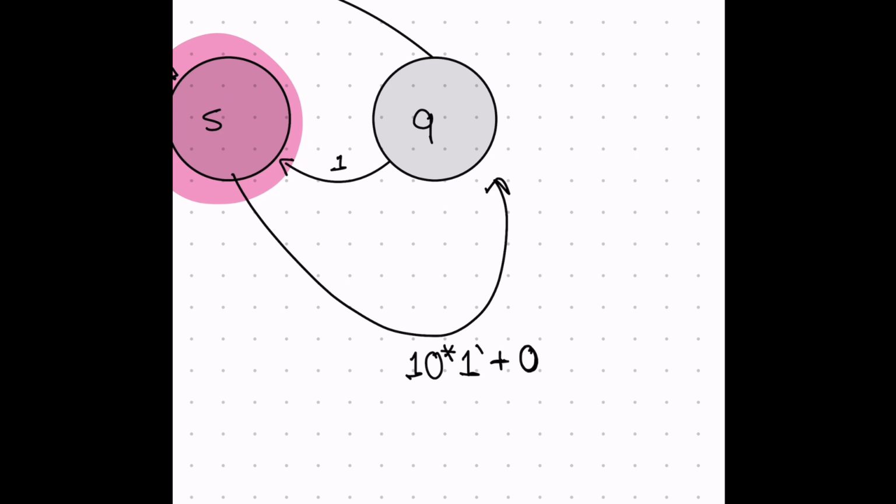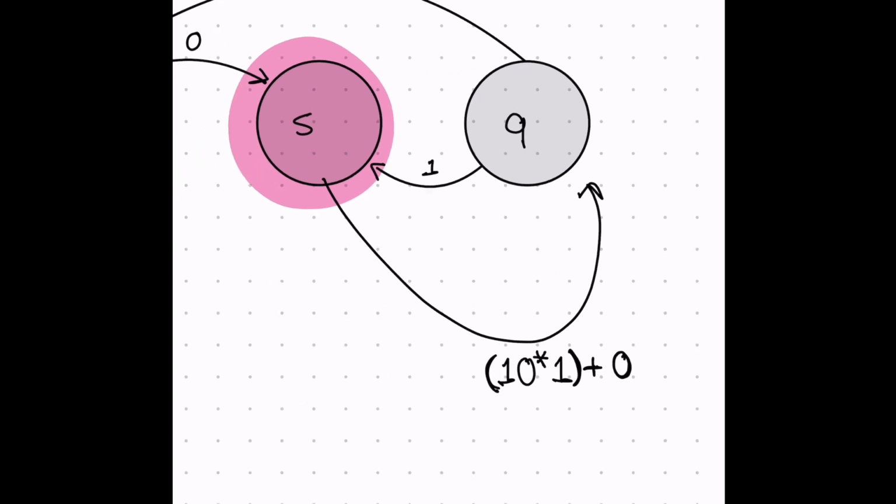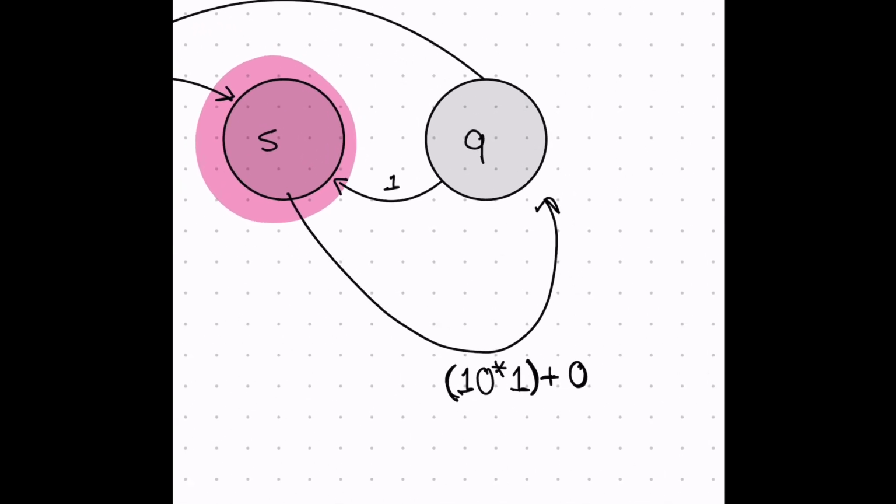I don't think it's necessary, but I'll add parentheses just to make it clearer. So if you have just the string 0, you'd go from S to Q. And if you had the string 1, 1, you'd go S to Q.